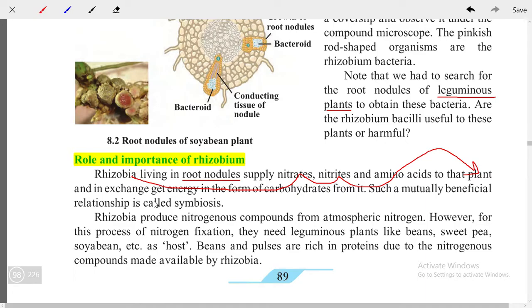And in exchange, what does it take in return? It gets energy in the form of carbohydrates.